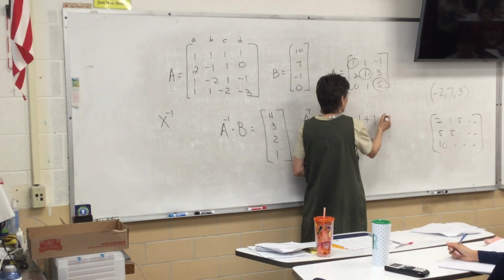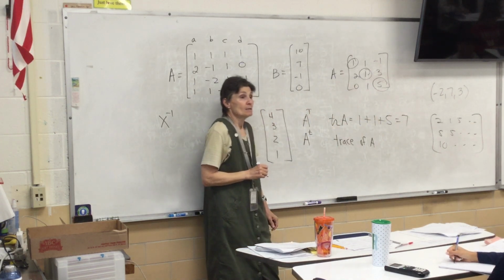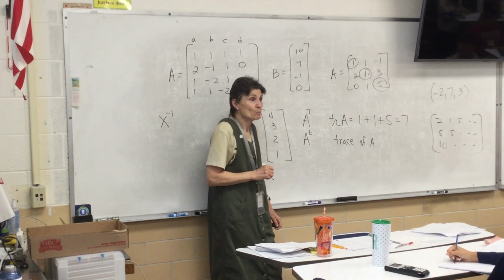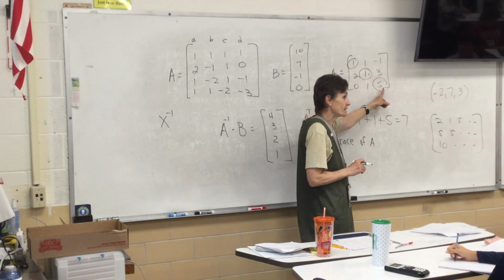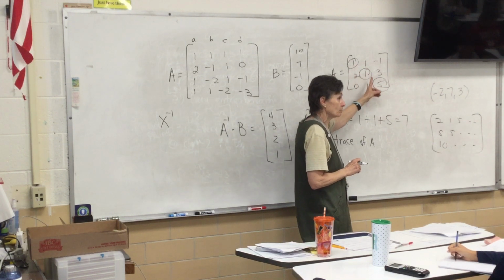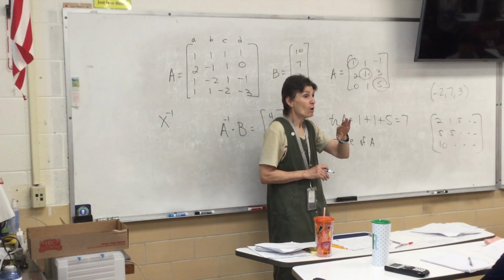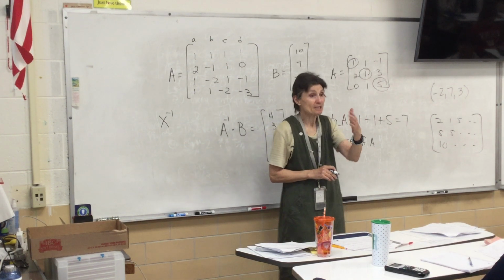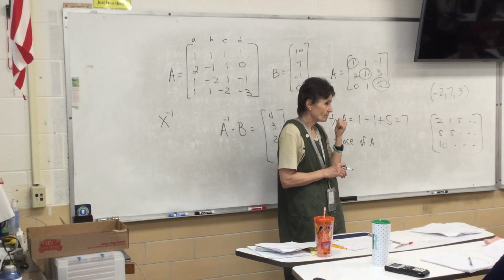And in this matrix, the trace of A is 1 plus 1 plus 5, or 7. So in layman's terms, we would say it's the sum of the entries on what's known as the main diagonal. So it's 1 plus 1 plus 5. Now, you know that you can only do a determinant or an inverse if it's square, right?